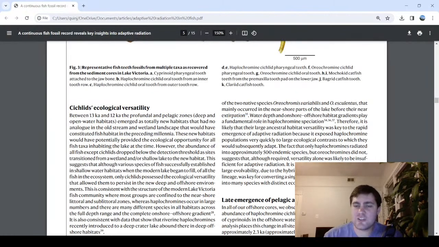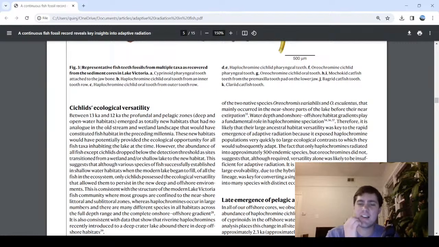Water depth and onshore-offshore habitat gradients play a fundamental role in haplochromine speciation. Therefore, it is likely that their large ancestral habitat versatility was key to the rapid emergence of adaptive radiation because it exposed haplochromine populations very quickly to large ecological constraints to which they would subsequently adapt.